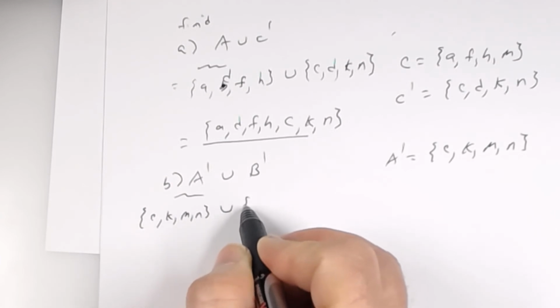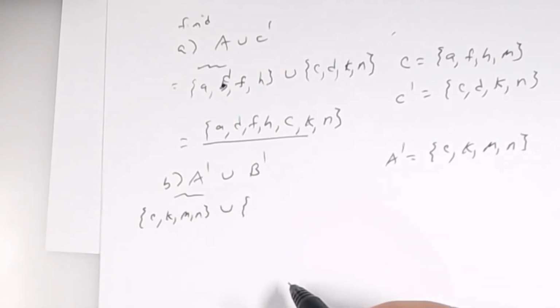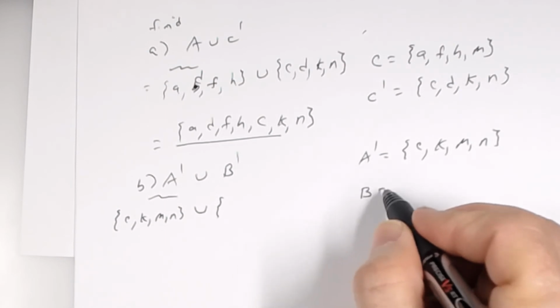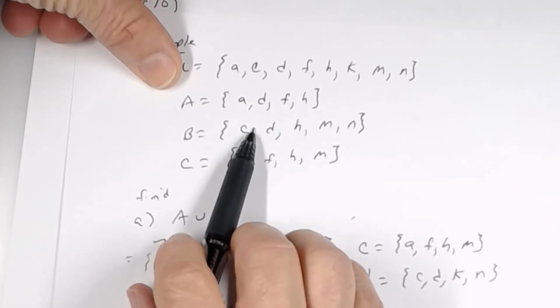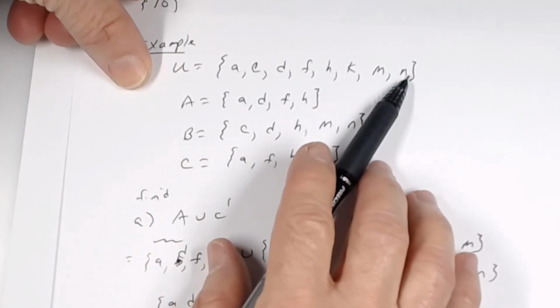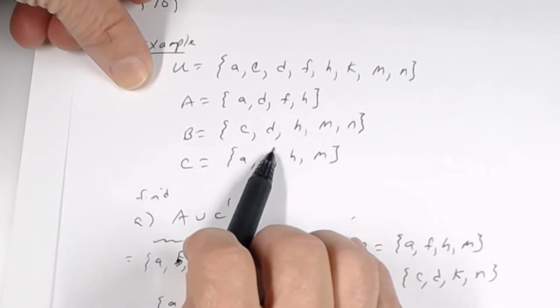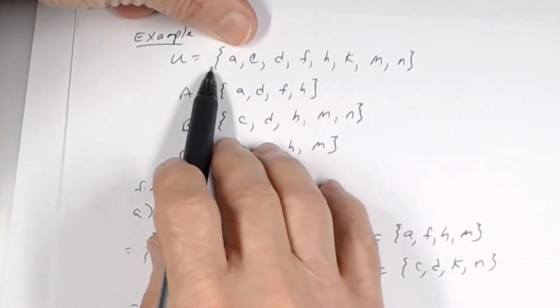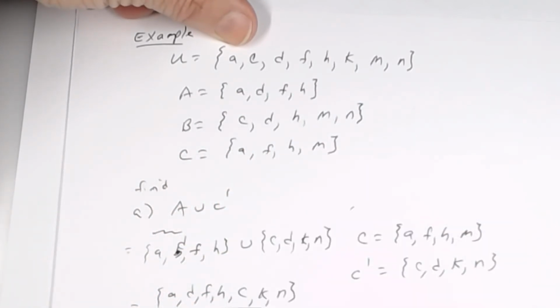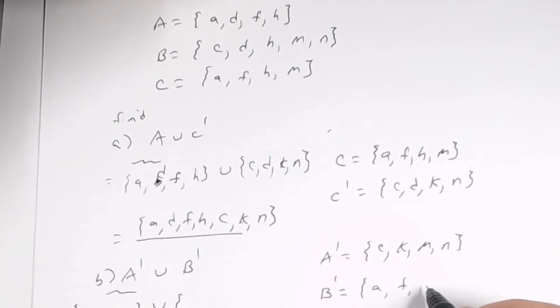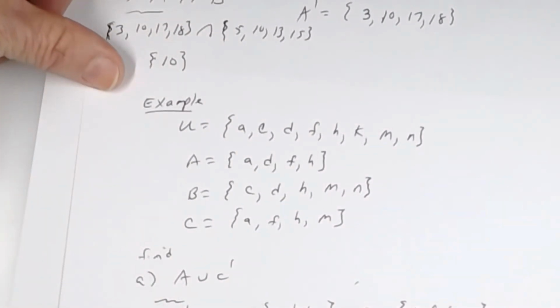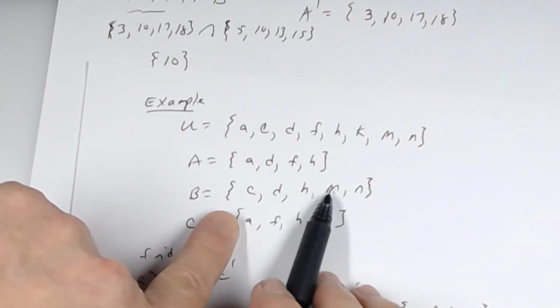And I'm going to union that with B complement. So first of all, here's B, right? And B complement would be every element in the universal set that doesn't include B. So tell me, going across the universal set, which elements I would have for B complement. A, F, okay, what's the next one? K, and that's it, right? Because look, here's B. So there's 1, 2, 3, 4, 5 elements, right?